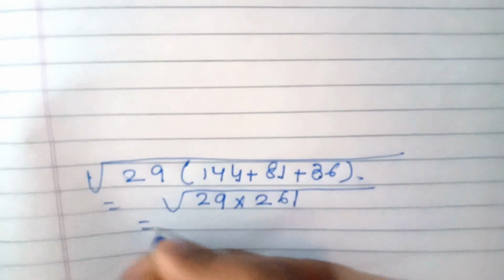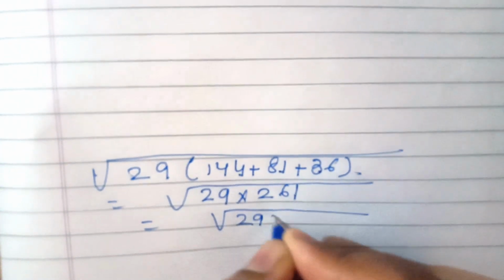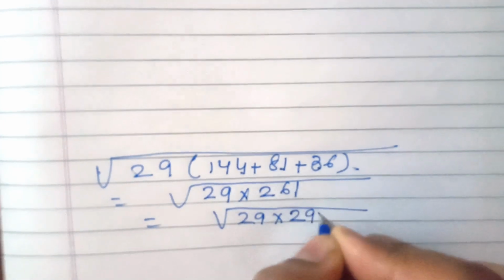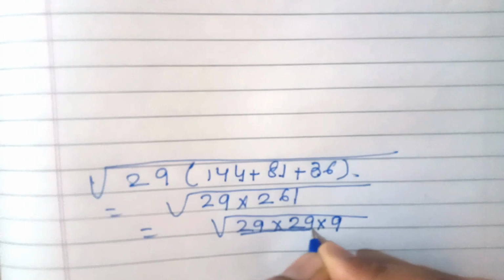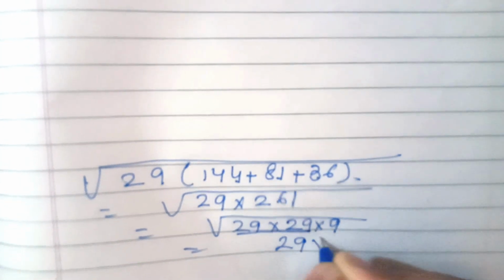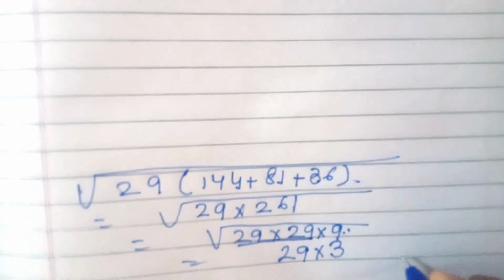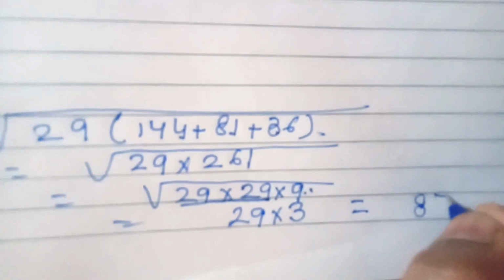Then 261 can be written as 29 into 9. So 29 into 29 into 9, 29 can be taken out as it is a square root, and the square root of 9 is 3. So we will get 29 into 3, that gives us 87.